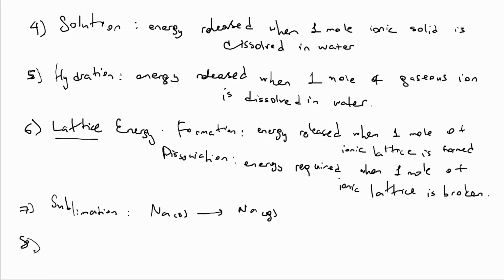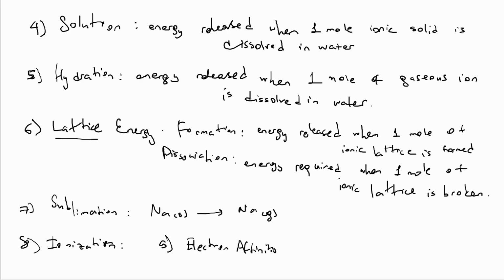Next one, ionization. You know the definition: energy required to take out 1 mole of electrons from 1 mole of gaseous atoms to form unipositive gaseous ions. And we have electron affinity, which is completely opposite to ionization.